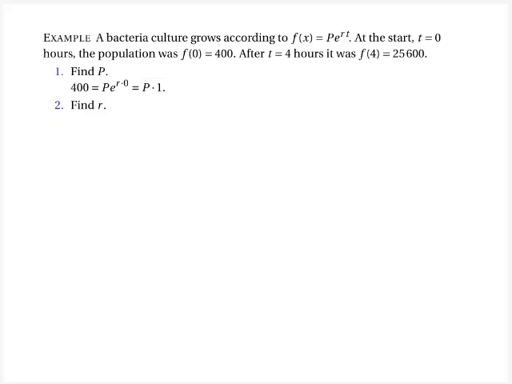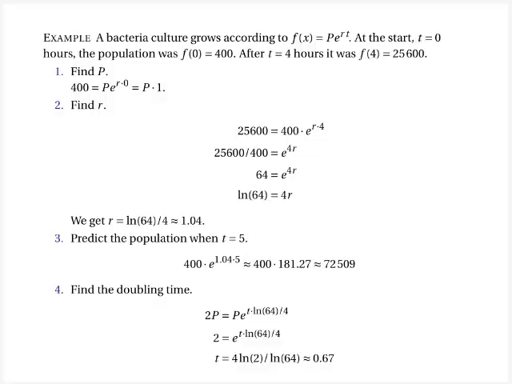Find r. So to find r, you've got to somehow use growth information. I can't use the initial; I need to use the growth information. Do you see here that this is the growth after 4 hours? This is the initial population, and there's the time equals 4.